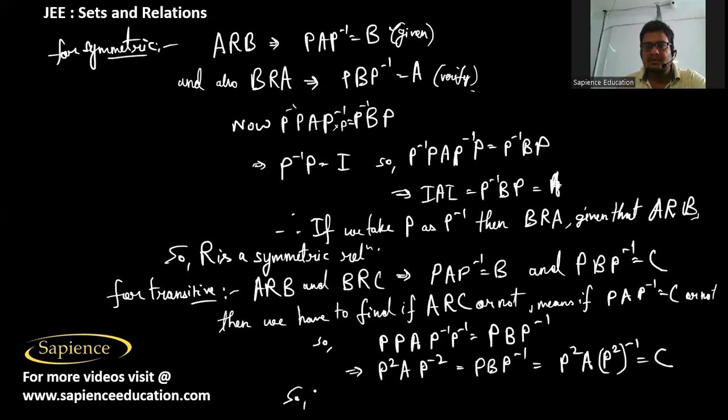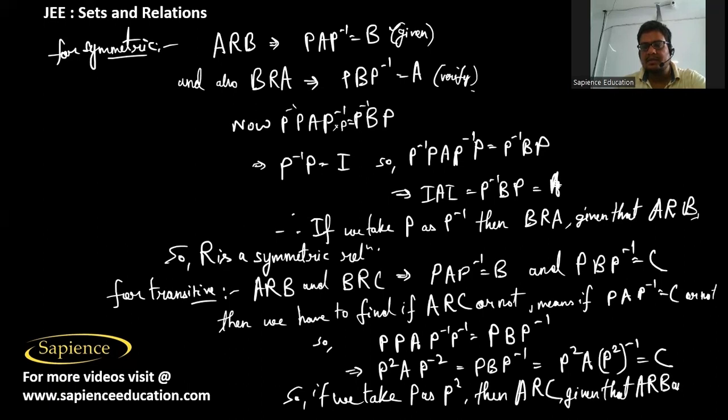So if we take P as P square, then obviously A will be related to C, given that A is related to B and B is related to C. So it means that R is a transitive relation also.